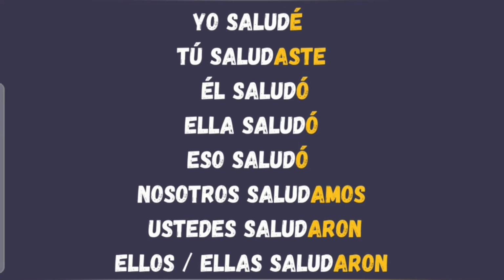Okay, as you can see, the root word, the word that is never changing, it's salud. Okay, and then the ending, you have to put it according to the personal pronoun you have and the rules for regular verbs ending with ar. Okay, é, aste, ó, amos, aron. Okay.